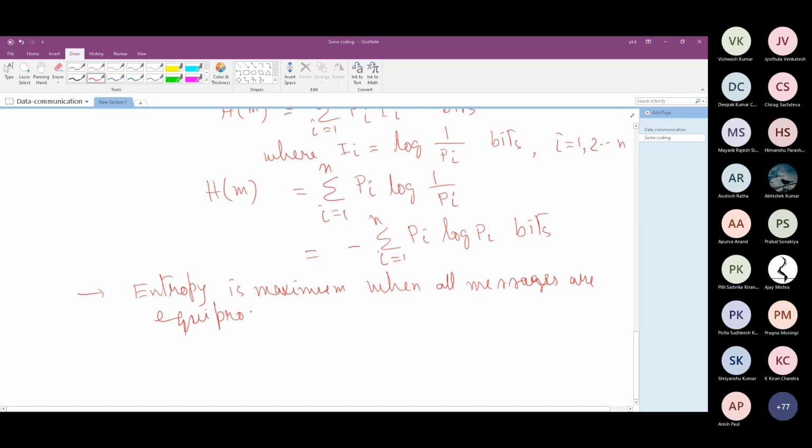This again can be proven through a Lagrangian expansion, but I am not doing it. I am just writing that entropy is maximum when all messages are equiprobable. With that small background, we shall start our discussion on source coding.